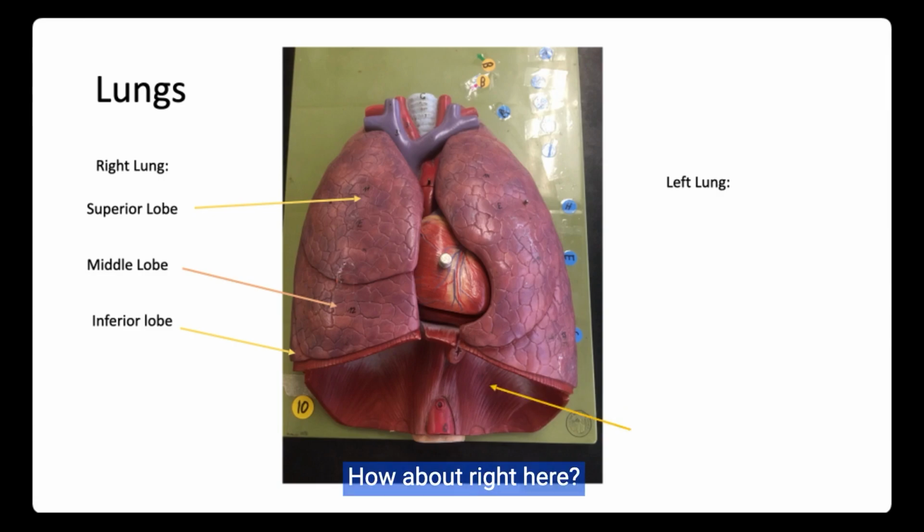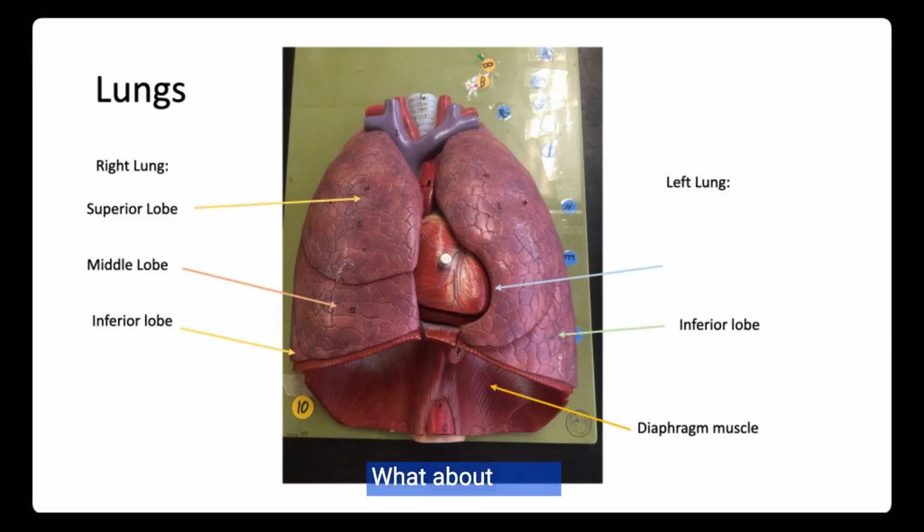How about right here? Yes, that is the diaphragm. What about right here? Right on. Inferior lobe. What about here? That's right. That's our cardiac notch. Okay, how about here? Right on. Left superior lobe.